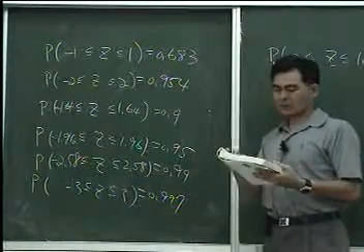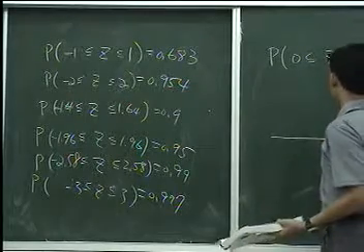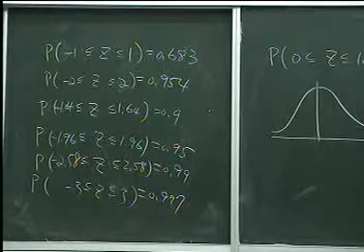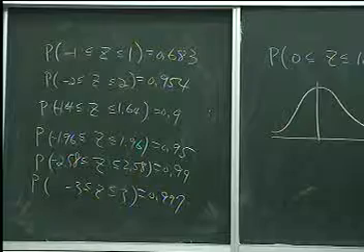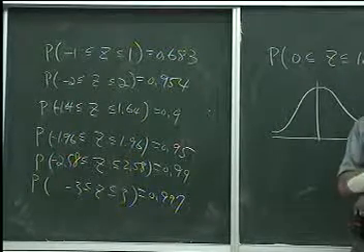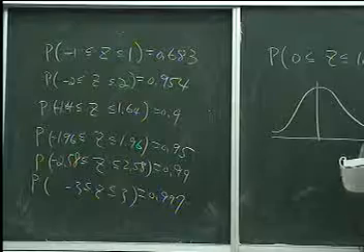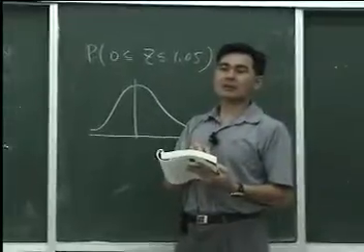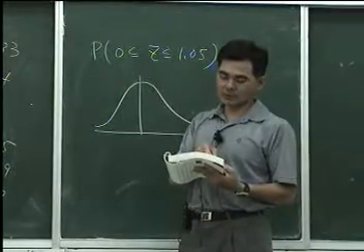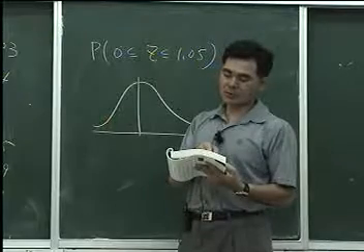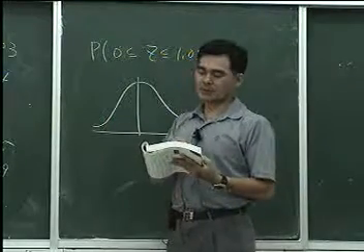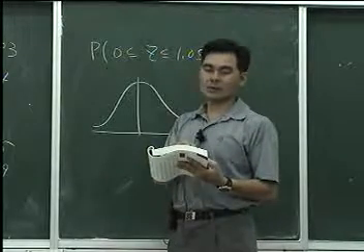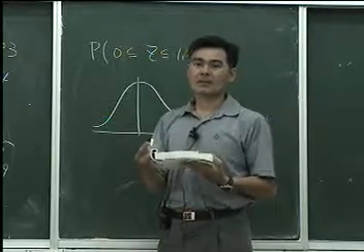This table shows you the number z. There's an example in the book: if z is equal to 1.96, then the probability from 0 to z will be equal to 0.475.